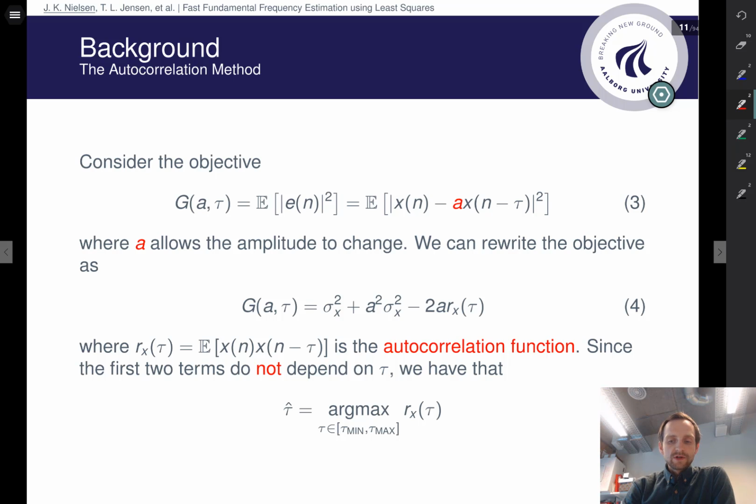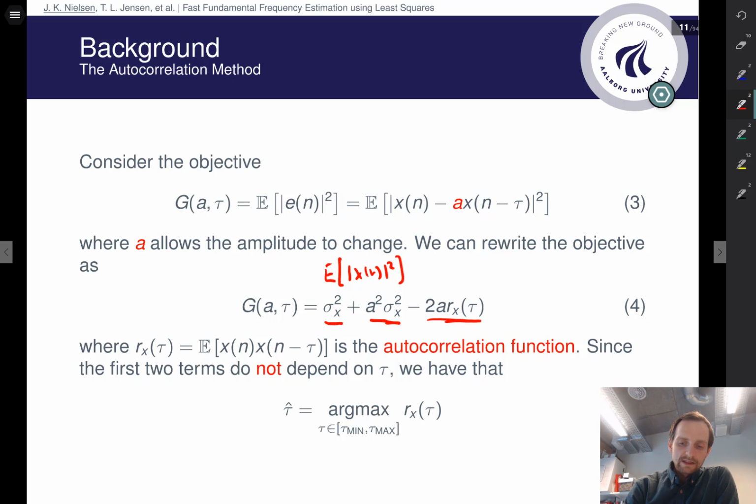If we write this equation out, then it's not hard to derive equation 4 from 3, where sigma x squared is the expected value of x of n squared. So you can see that of the 3 terms in equation 4, the first term does not depend on tau, the second term does not depend on tau, and only the last term depends on tau.